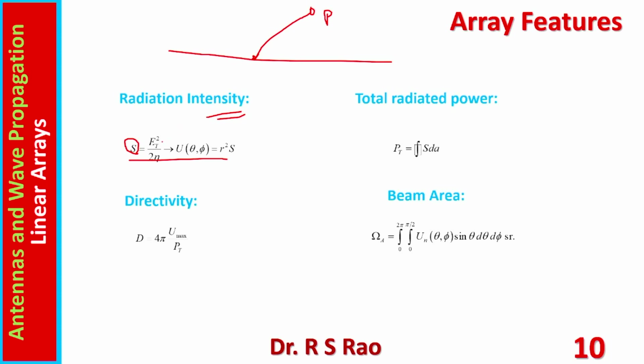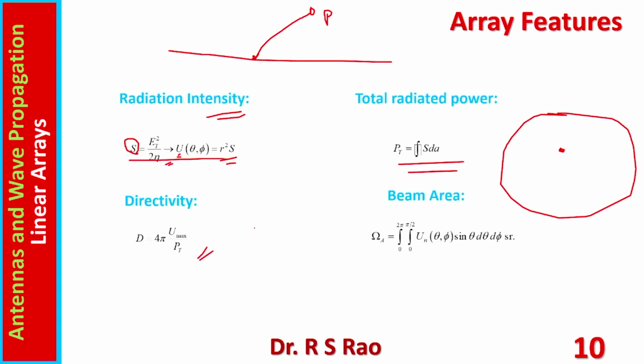From Et, S can be computed. From S, one can get radiation intensity U by multiplying it with the square of the radial distance of the field point. Similarly, total radiated power can be computed from S by integrating S over a spherical surface.